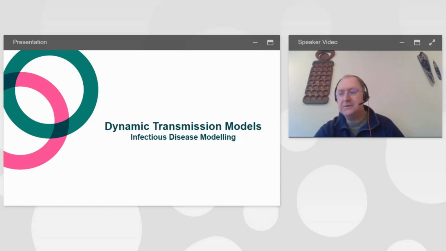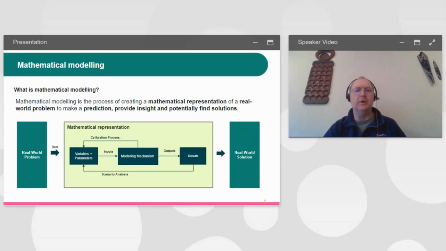Okay, well, thank you. So Maria has outlined some of the key interactions driving the transmission dynamics of infectious diseases. How can we capture these interactions within a model? And indeed, what do we mean by a model?